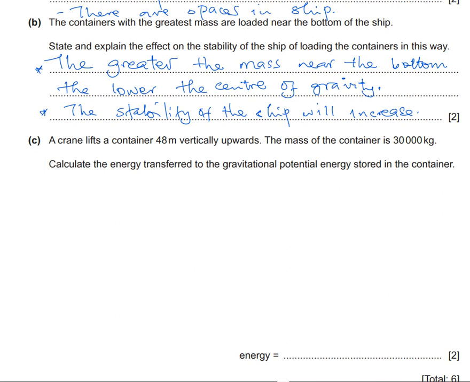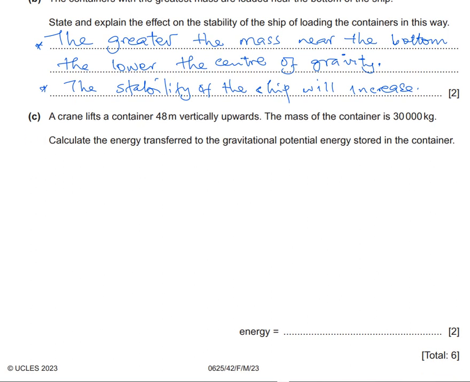Let's go to part C. A crane lifts a container 48 meters vertically upwards. The mass of the container is 30,000 kilograms. Calculate the energy transferred to the gravitational potential energy stored in the container. So we have the height that the container moves, which is 48 meters.